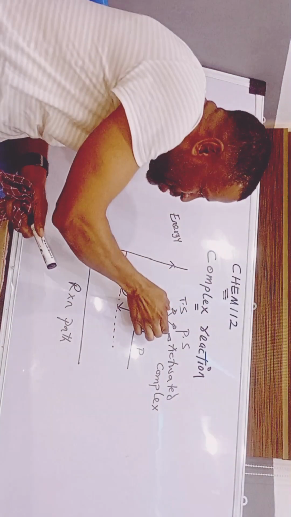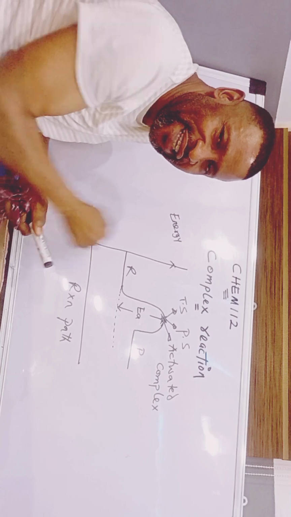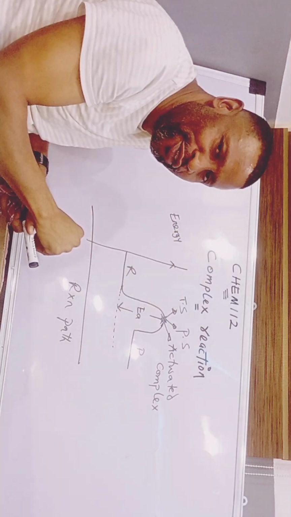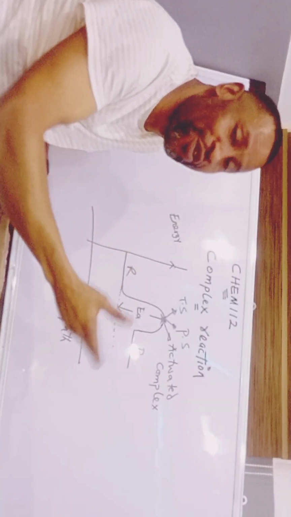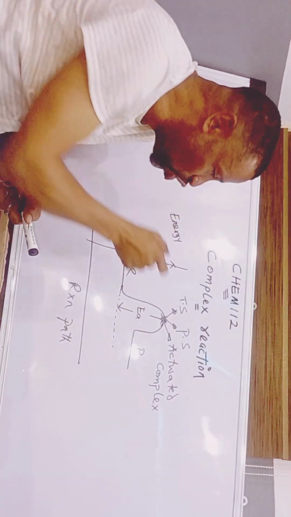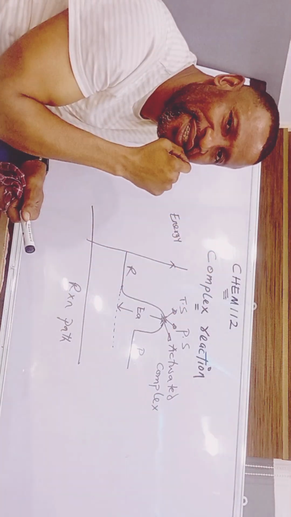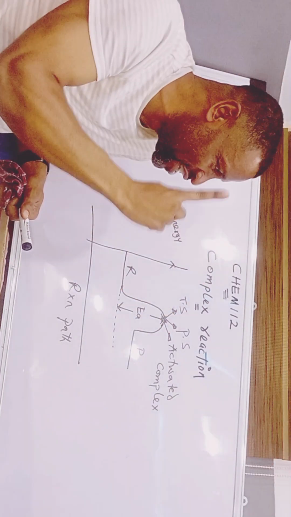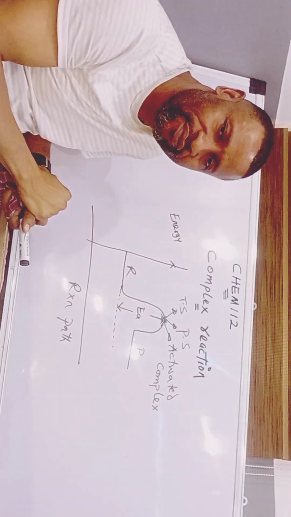That is the intermediate point, the maximum point. Are you with me? The transition stage, where the old bonds are not completely broken and new bonds are not completely formed. So some chemical reactions have only one transition state, only one propagation state, only one activated complex. Such a reaction that has only one propagation stage is called elementary reaction.